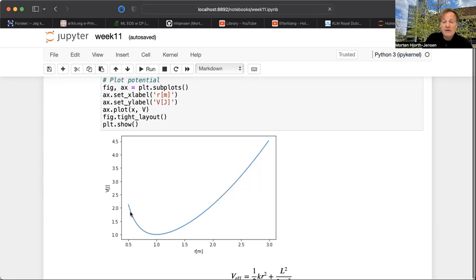Or if I place myself at an energy which corresponds to a potential equal to 2, I would then expect from the kind of analysis we have made that we would simply start here with 0 kinetic energy. It would go down to the potential well bottom, and then move up again to the same energy of 2 at another value of r, and then oscillate back and forth.